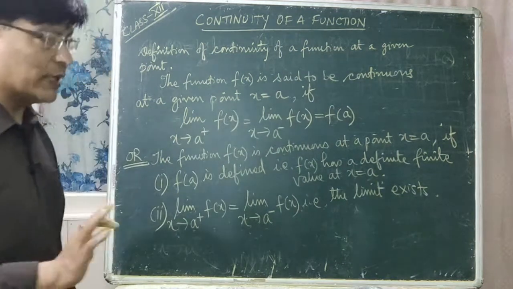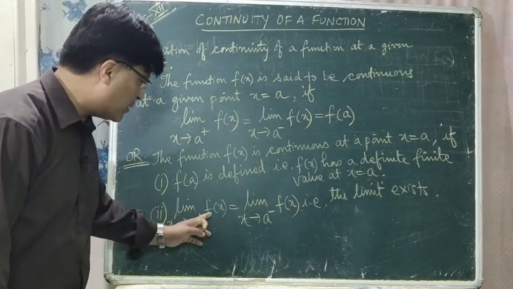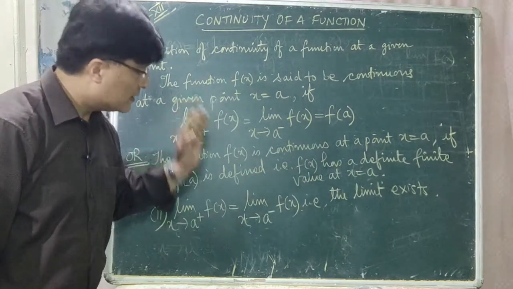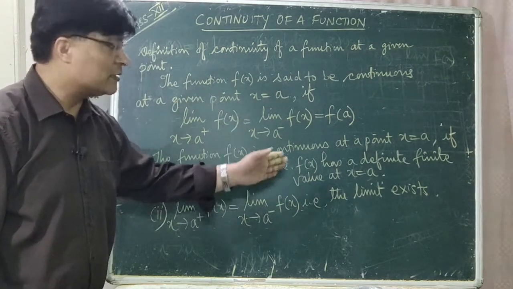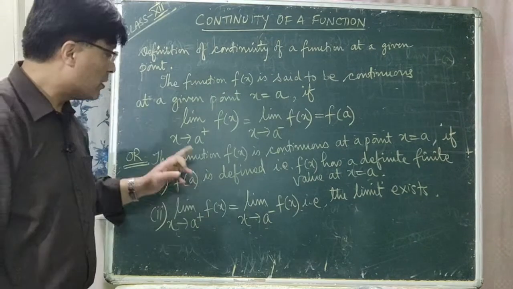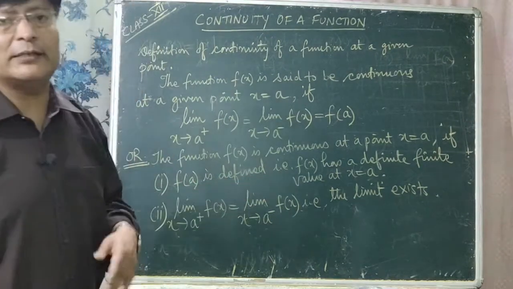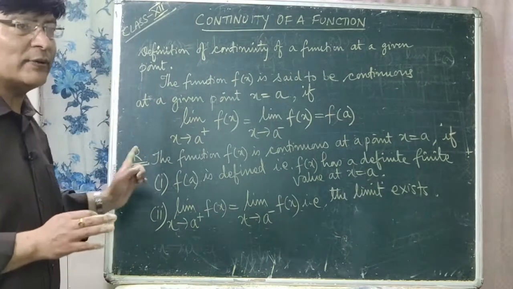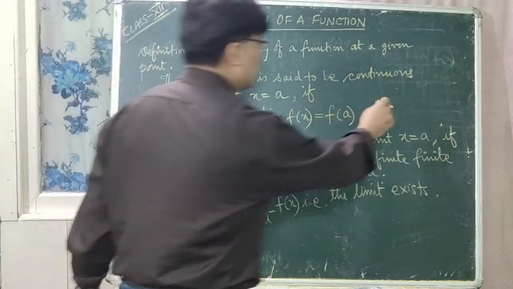So if limit x tends to a plus f of x is equal to limit x tends to a minus f of x, the limit exists. If the limit exists, then you can write down the value of this limit, isn't it?